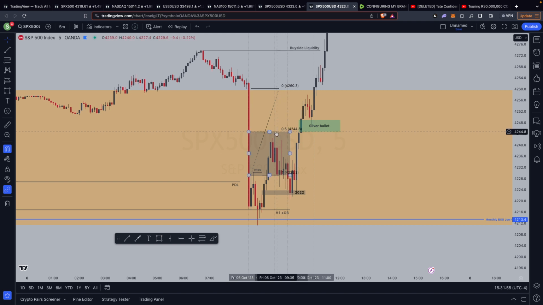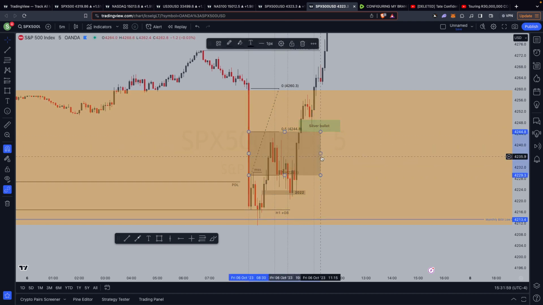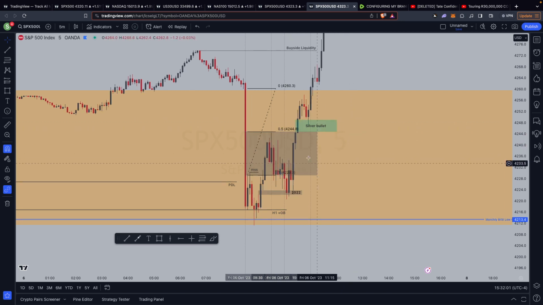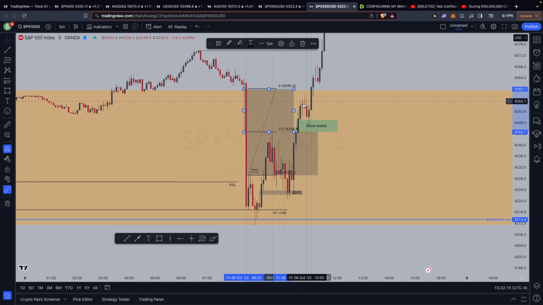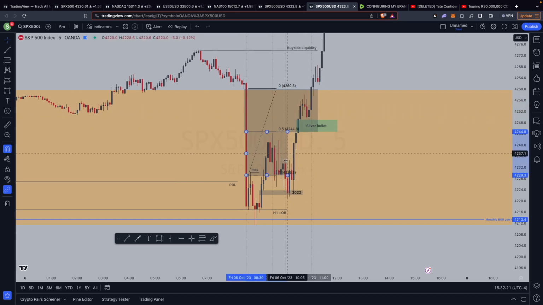So once we break above this BPR, let me just extend this line. The only inefficiency we have now is this one. This is the only inefficiency we have now, right? And then here we traded above that inefficiency, right? Let me just put this back here.